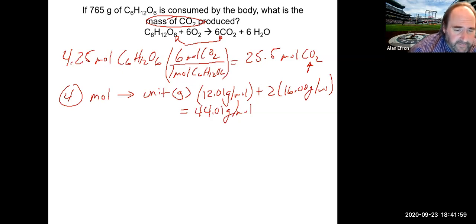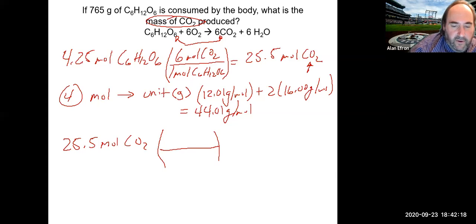So finishing up our calculation here, 25.5 grams, not grams, not yet. Let's go with moles. Almost there. All right. Moles of CO2. Using the molar mass of CO2 as a conversion factor, grams are going to go on top because that's what we're looking for. Moles will go on the bottom.